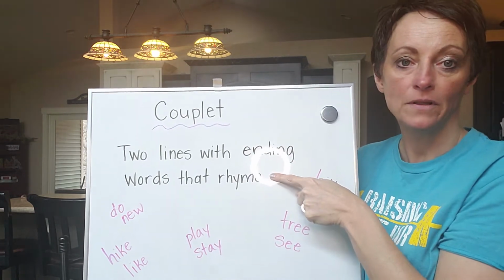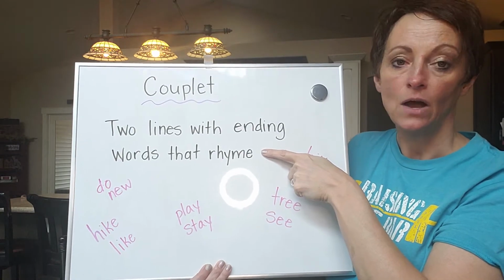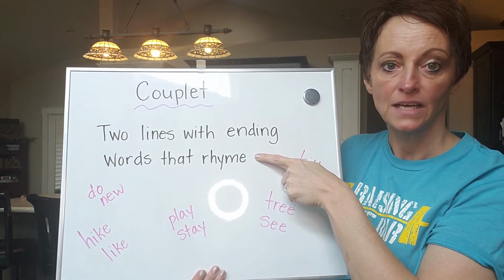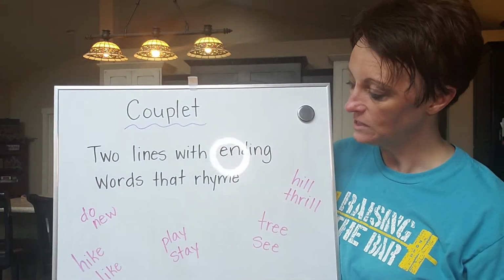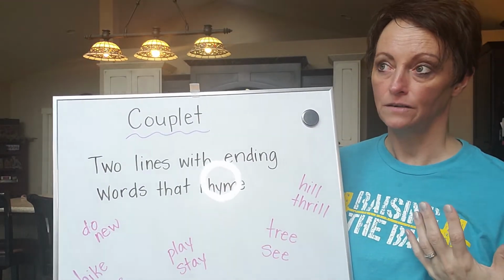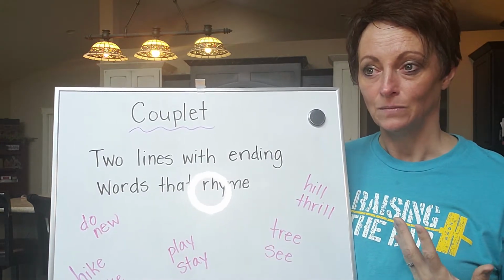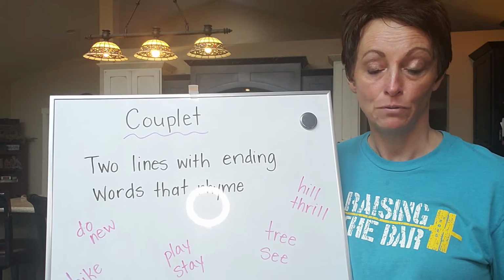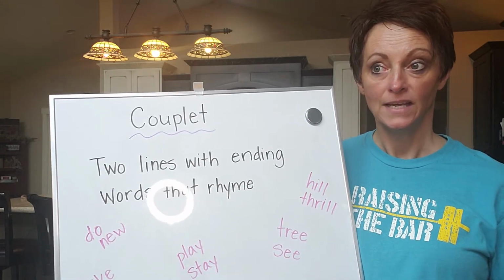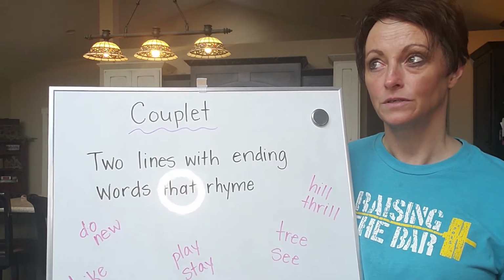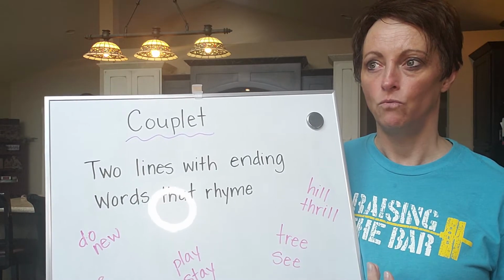So let me give you a couple of examples of couplet poems that I have written and how I wrote them. The first thing that I did was think of a topic that I wanted to write about. So for me, you know how I love to write about Boone. I decided to write a poem about Boone, and I thought, well, what are two words that I could write that would rhyme with each other?